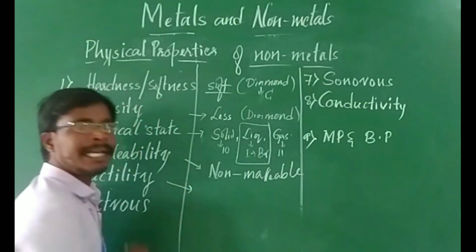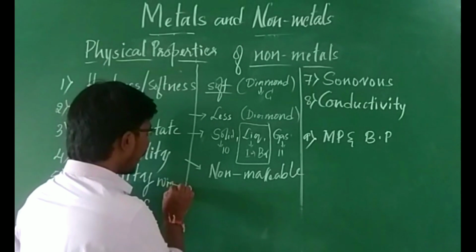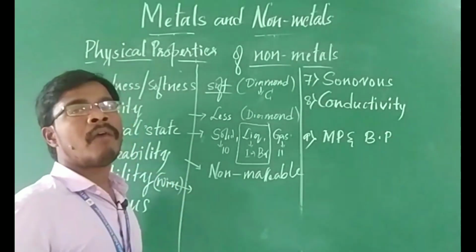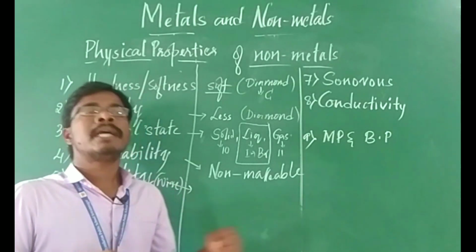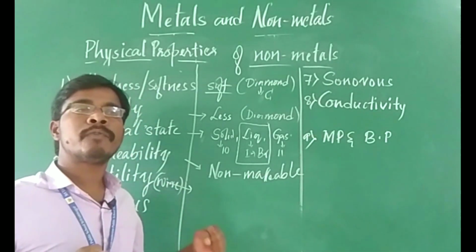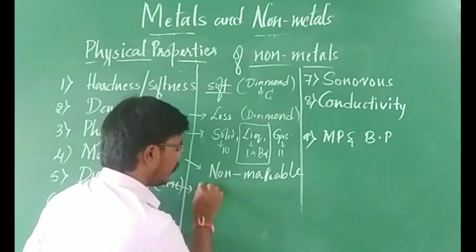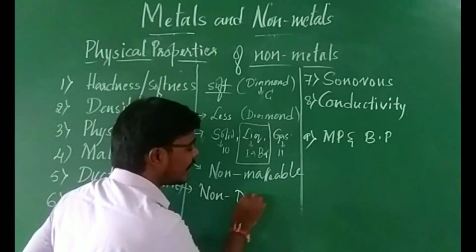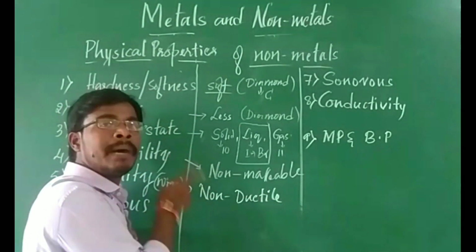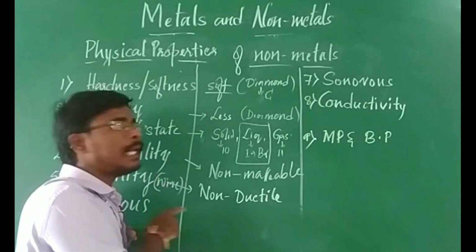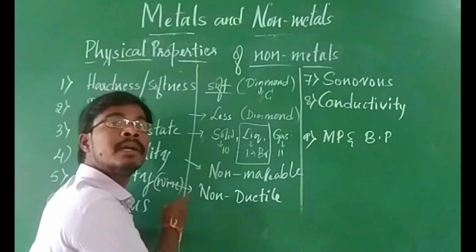Then the next property is ductility. Ductility is the property of an element by virtue of which, if you stretch it, it forms a thin wire. That property is called ductility. All non-metals are non-ductile in nature. As I said, all metals are malleable and ductile, and here all the non-metals are non-malleable and non-ductile.